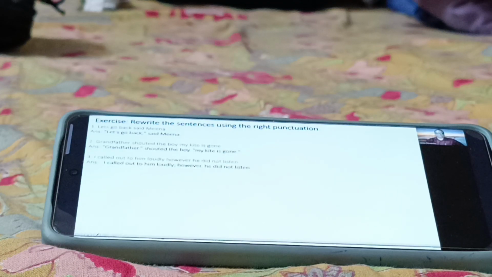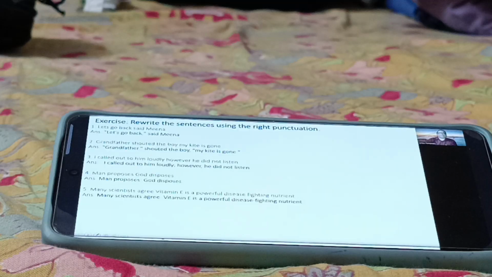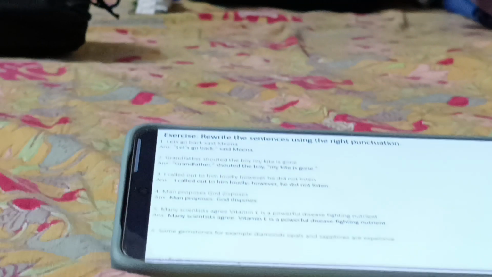So: I called out to him loudly; however, he did not listen. Look at this: Man proposes, God disposes. Man proposes: God disposes. Many scientists agree vitamin E is a powerful disease-fighting nutrient. Many scientists agree: vitamin E is a powerful disease-fighting nutrient.